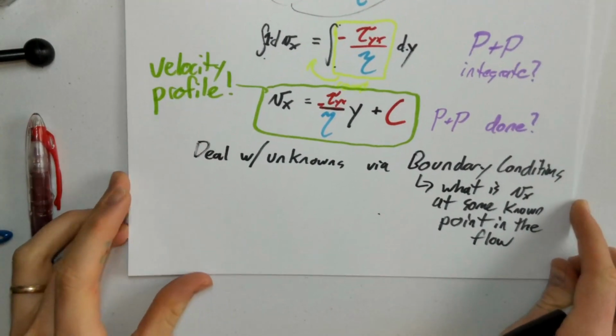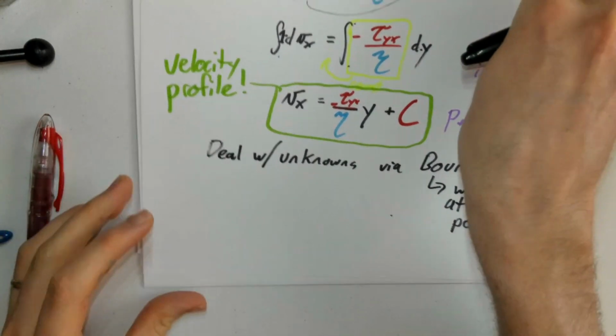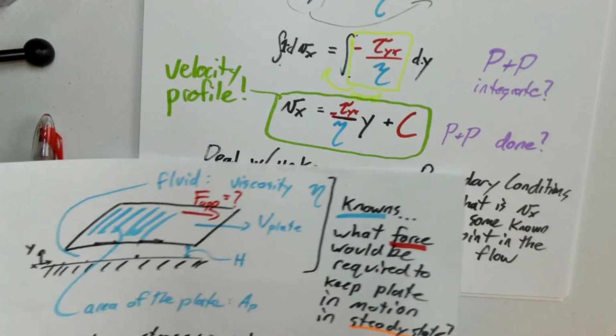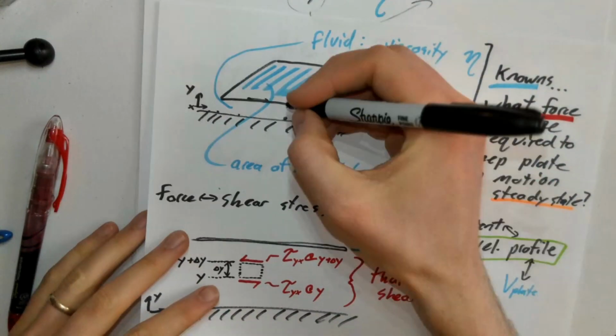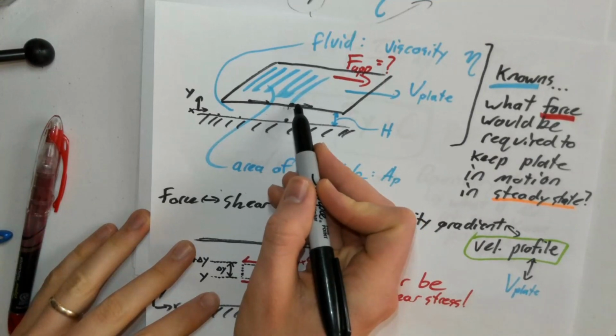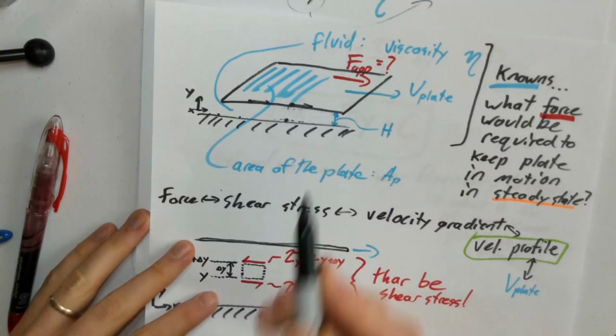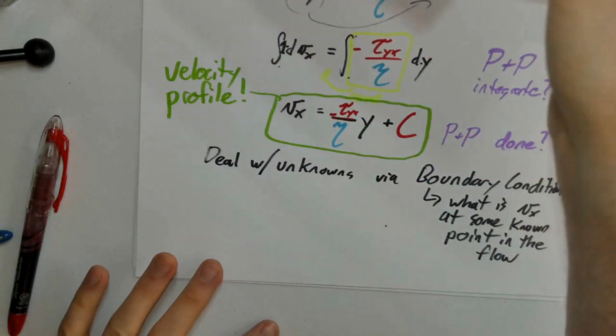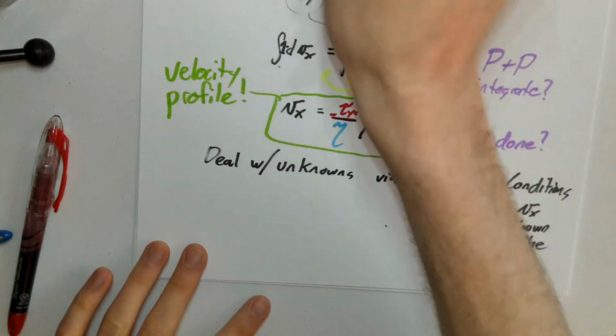Well, the points where we have the most information in the flow are the fluid particles right next to the plate and the fluid particles right at the bottom too. So let's think about what these boundary conditions are.